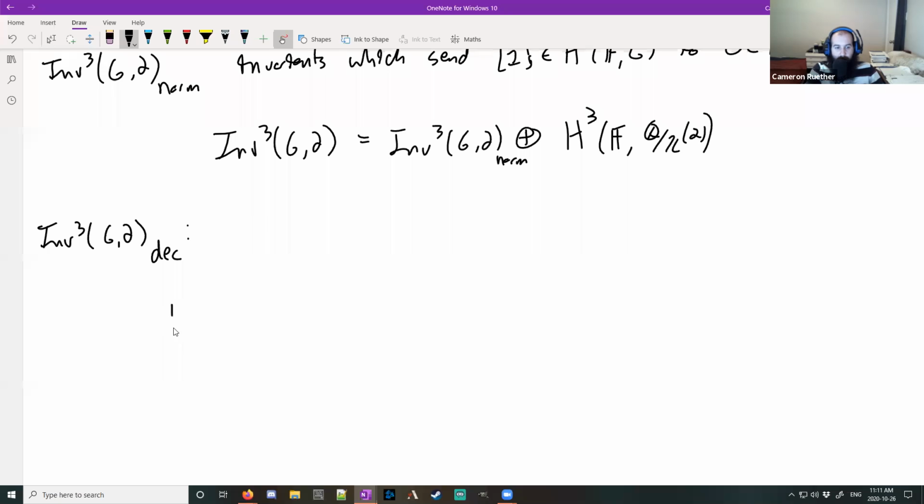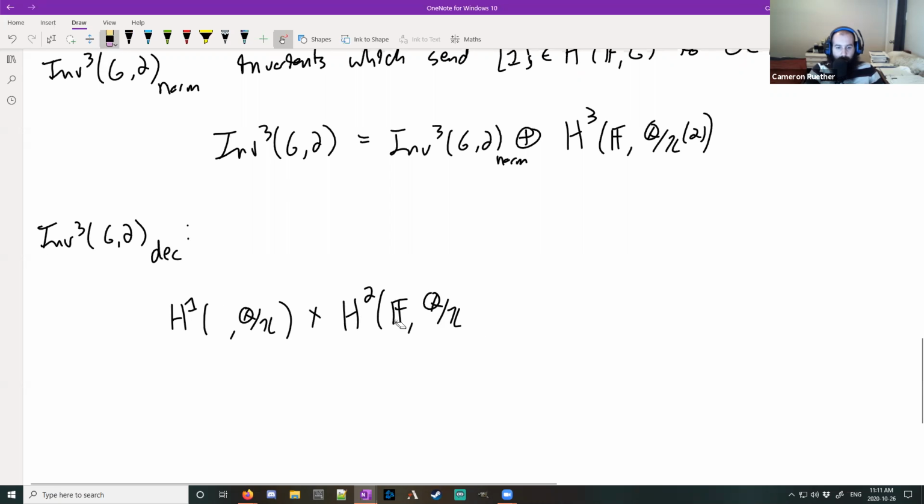And the idea here is that we have a Galois cohomology cup product like this. I want this to be F. Yeah, I'll use F's. This is a Galois cohomology cup product into H3.